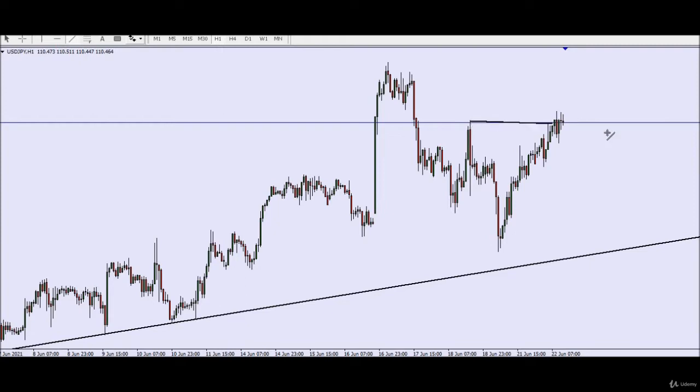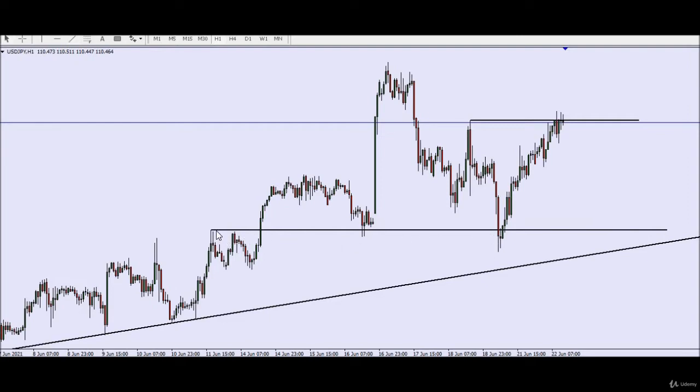This is one resistance. As you can see now, it's strong enough, and another is here, but we see also this level.